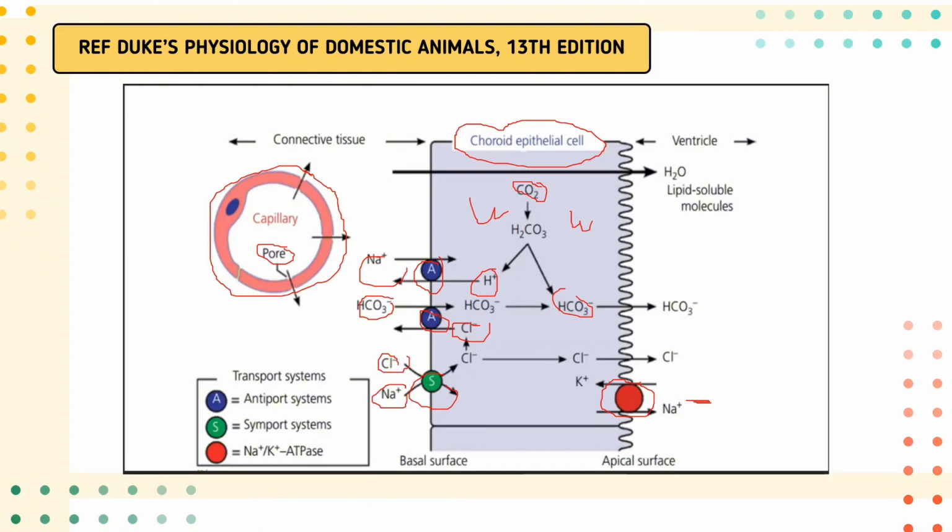As the sodium concentration is increasing, the positive ion is also increasing. To neutralize the positive ion, chloride will move to this area. And this is how the CSF is formed by these components.